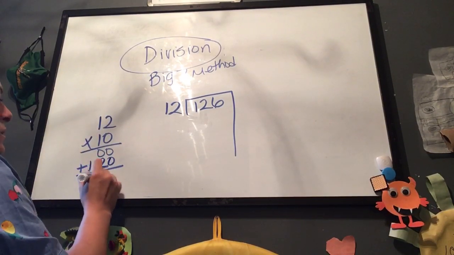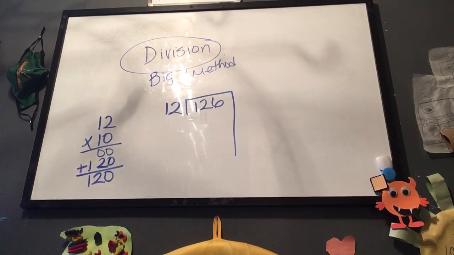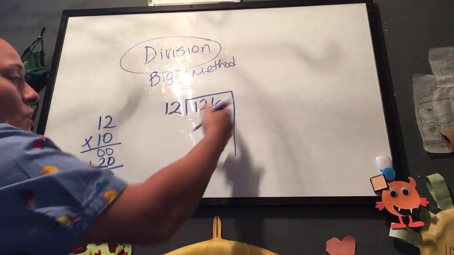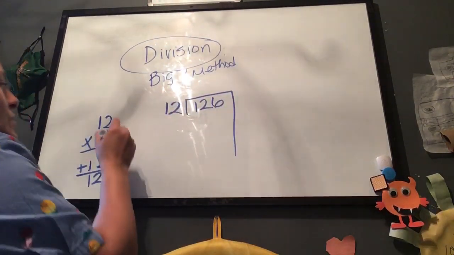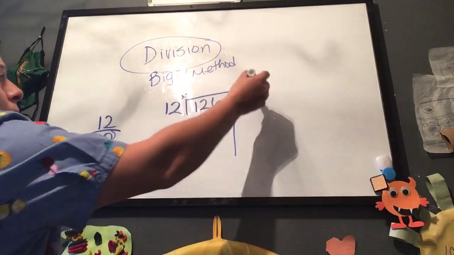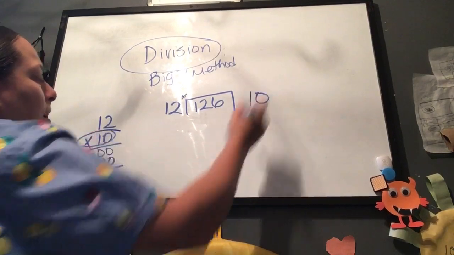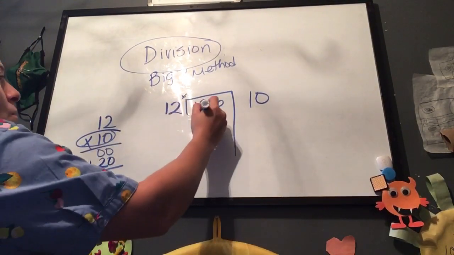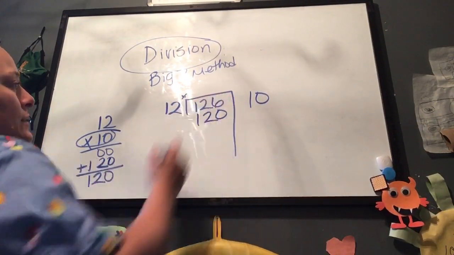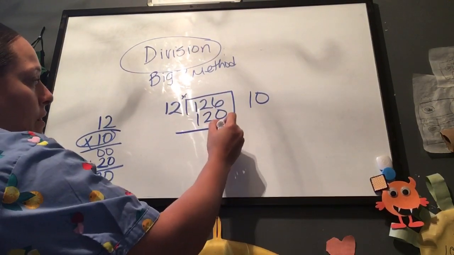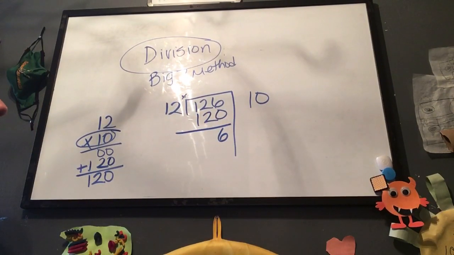So now, when we multiply, that gives us 120, right? So this 10 would be out here, and then 120. And then now we're left with 6.